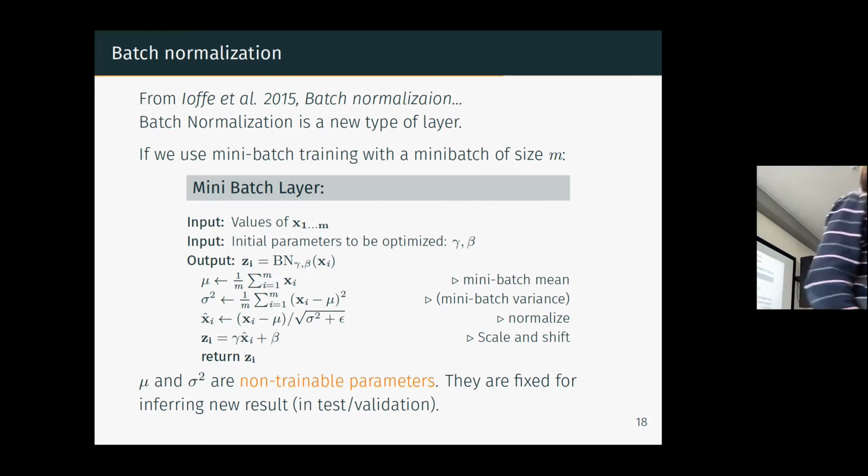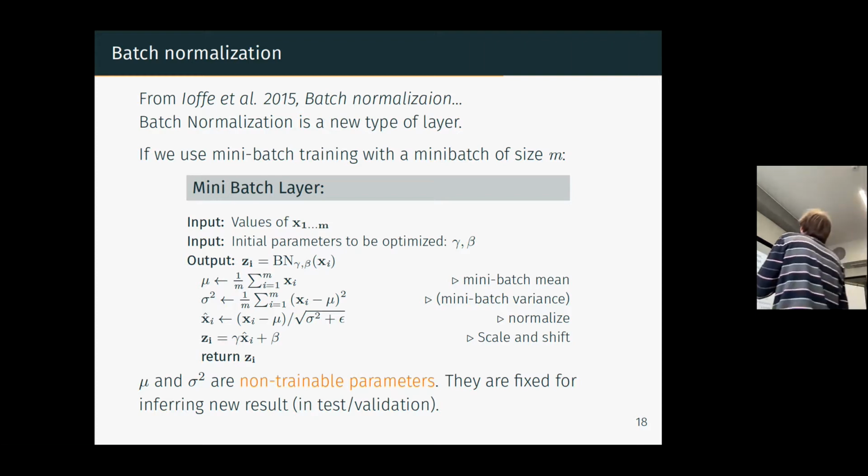Another very popular way to avoid overfitting and also accelerate convergence is batch normalization. It was developed in 2015, six years ago, and it's a new type of layer. You put it in your net like a dense layer or convolutional layers.